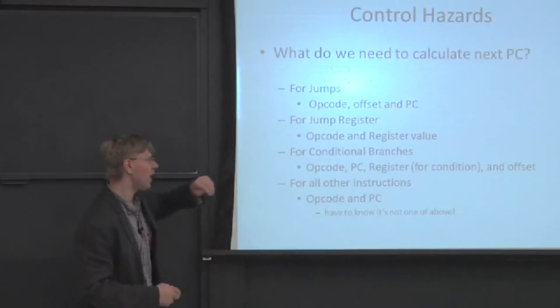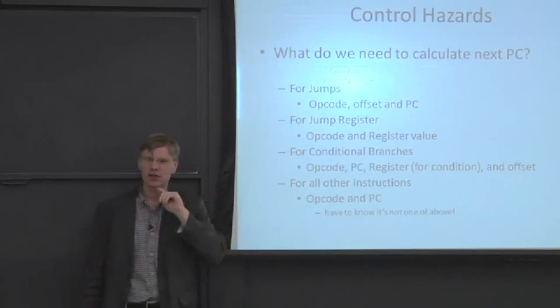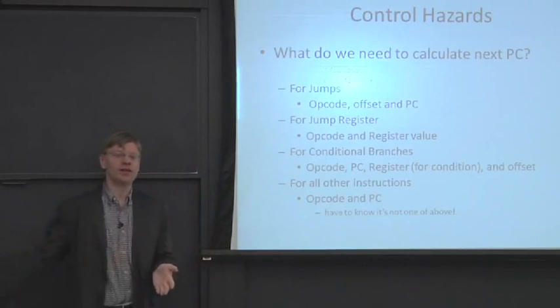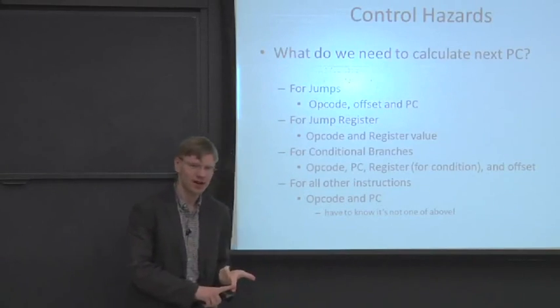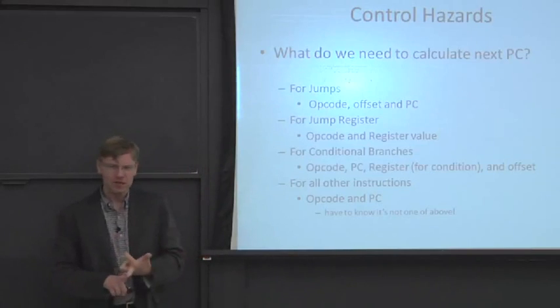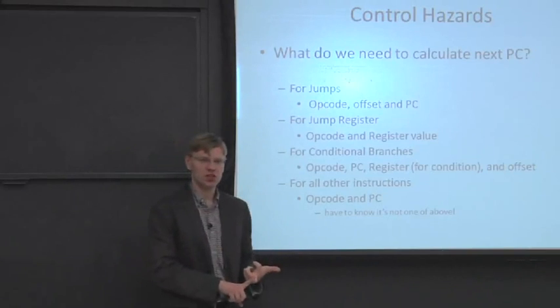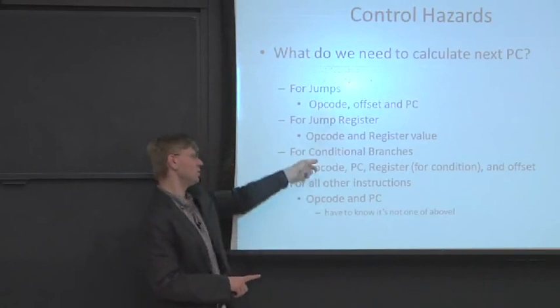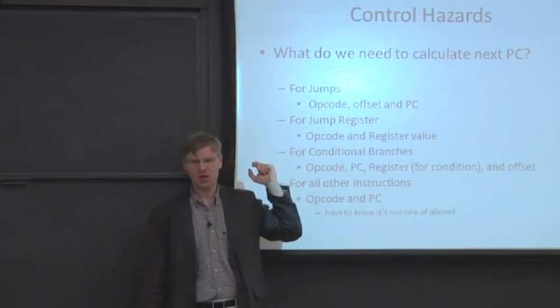Now, this gets a little more complicated when you start to look at jump register. With jump register, you don't know where you're going until you decode the instruction and fetch the information from the register file. Conveniently, at least you don't need to do some conditional calculation, but you will down here. We're just going to have to look at the opcode to know that it's a jump register.